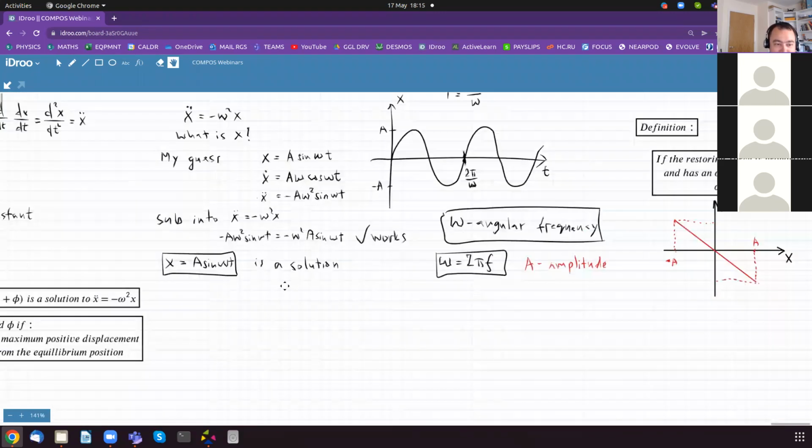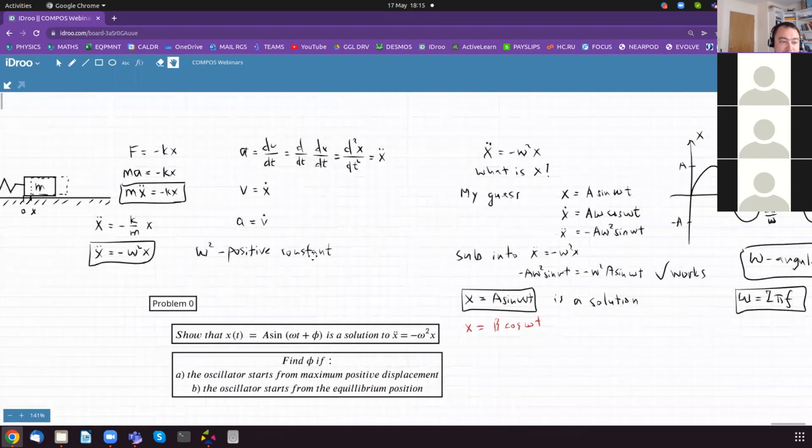Now, even though this is a solution, it's not the only solution of the equation. For example, x equals b multiplied by cos omega t is also a solution. So if only we could have a general solution, that describes any motion.